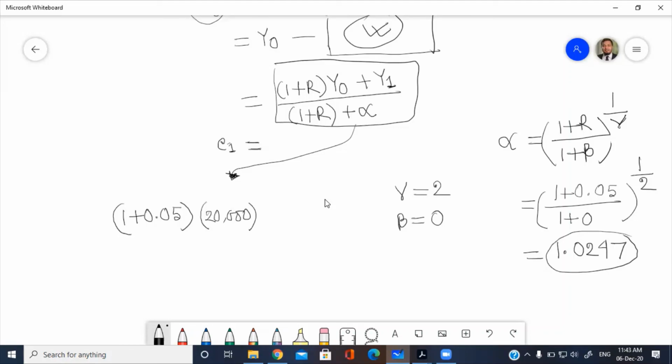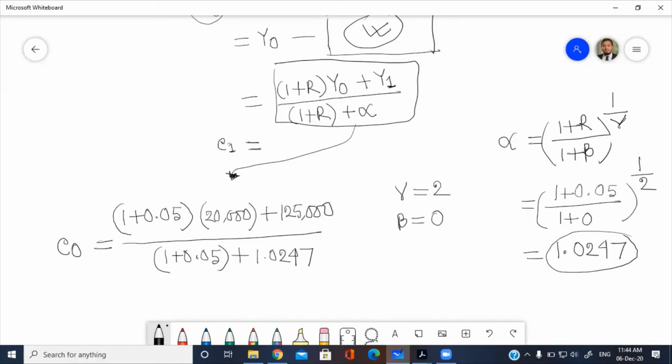Then what is the Y1? 125,000. Okay. What we are doing here, we are trying to come up with the optimal current consumption. 1 plus 0.05, plus what we have got for alpha, 1.0247.